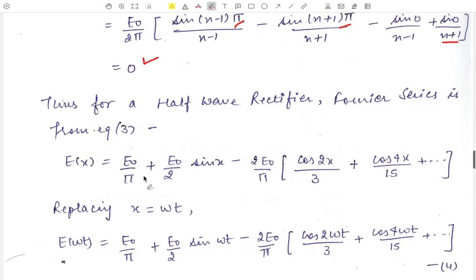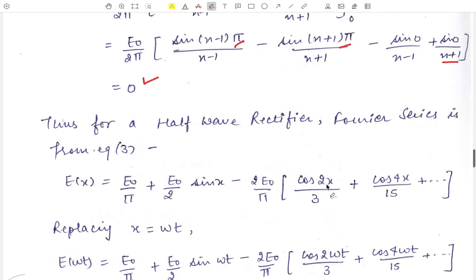e of x is equal to E naught upon pi, that is the a naught, plus this is b1, E naught upon 2 sin x, minus 2 E naught upon pi times cos of 2x upon 3 plus cos of 4x upon 15 plus so on.